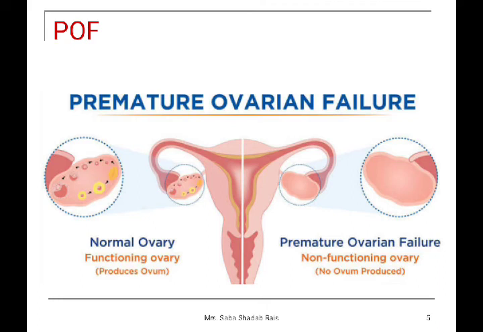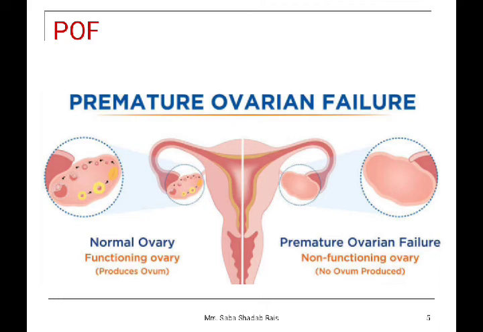We have a limited number of follicles in our ovary, which are formed before birth, right? In some women, due to a high level of FSH in the early teenage, all their follicles get finished. After that, they will get menopause.